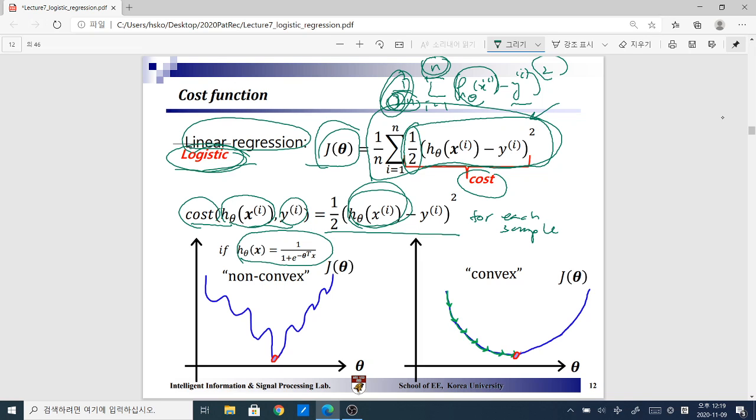Now, when you do this, for example, when you square this logistic model as is, and then sum over all the samples, then the J function, which turns out to be like this, is going to turn into a so-called non-convex function. A non-convex function is one that has these local minima.